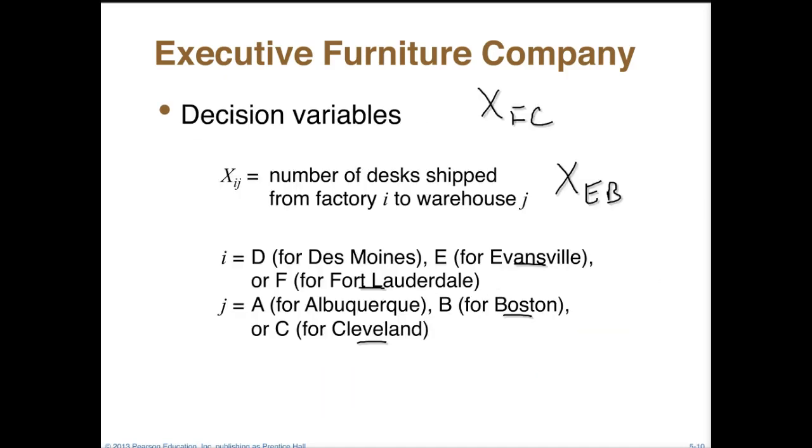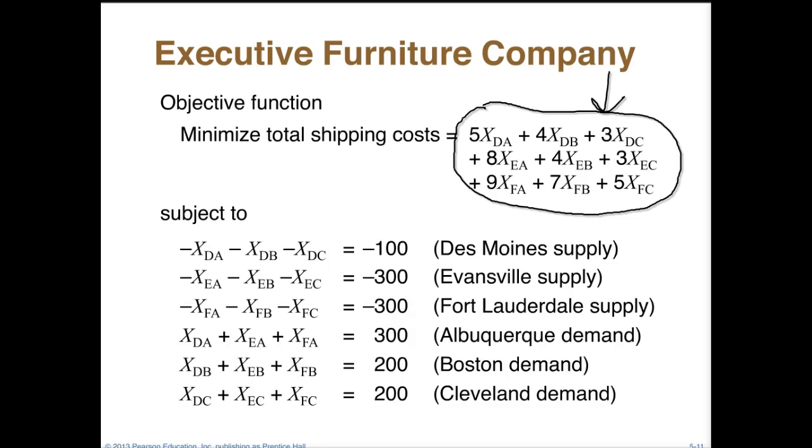Okay? So when we look at it that way, you'll see why the Des Moines supply, which is the number of desks going from Des Moines to all 3 of the destination locations, Albuquerque, Boston, and Cleveland, is equal to -100. And of course, the negative is just identifying that that supply is leaving that particular node, or leaving the factory.